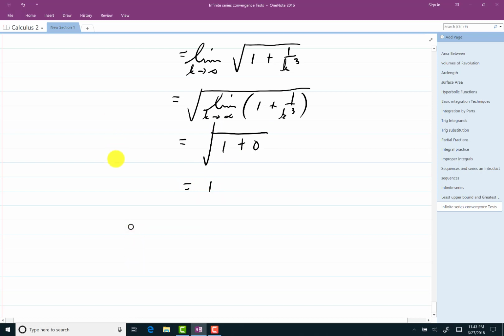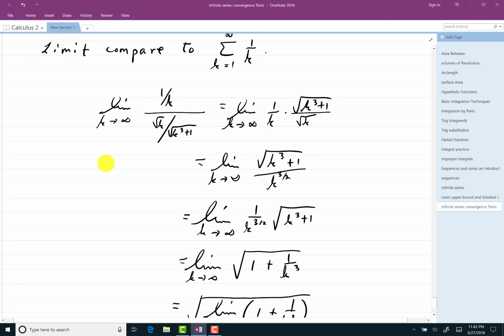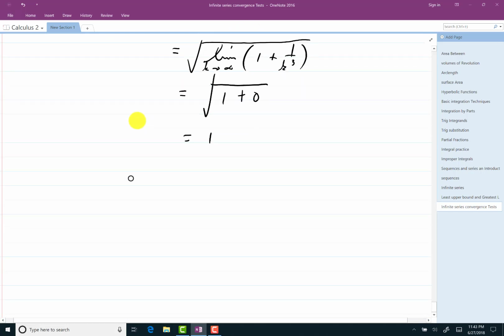So we know now both series are going to converge or both series are going to diverge. Since this series is divergent, we know that both series are divergent.